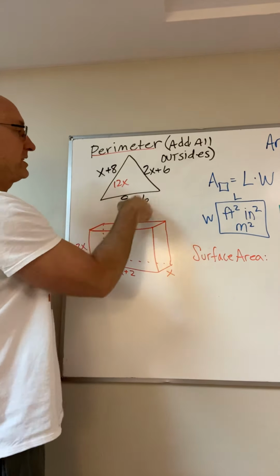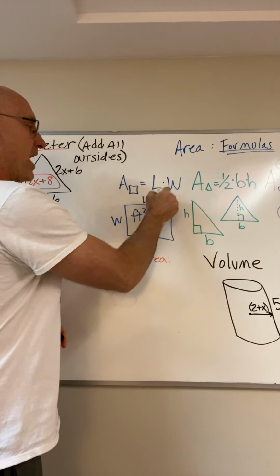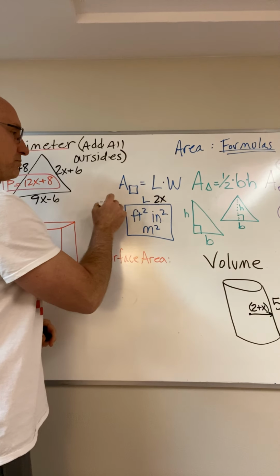Area is where you multiply, but you follow these formulas. The area formula for a square or rectangle is length times width, the long side times the short side. Let's say this was 2x and this was x plus 1.